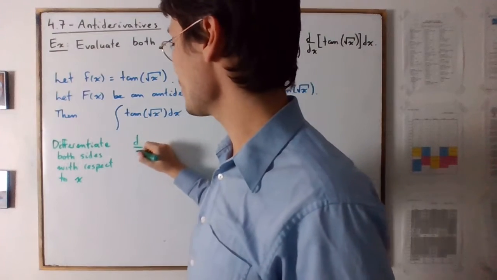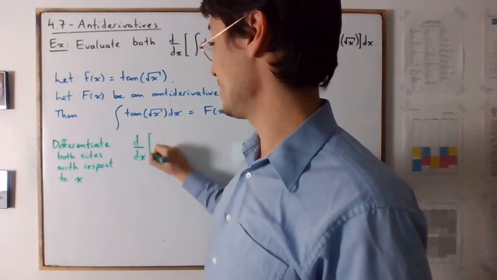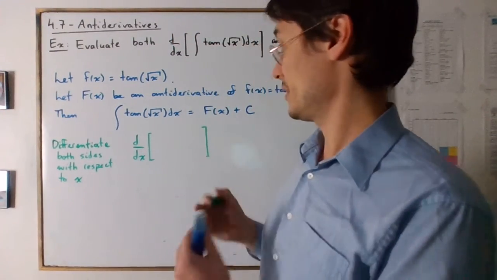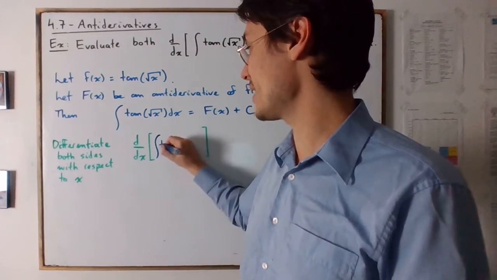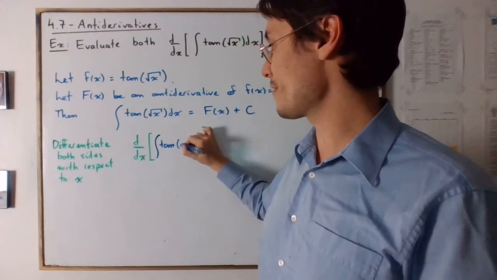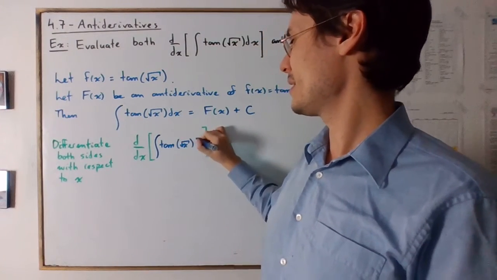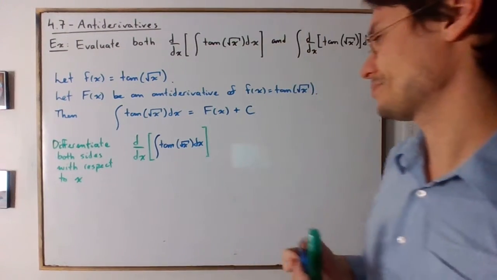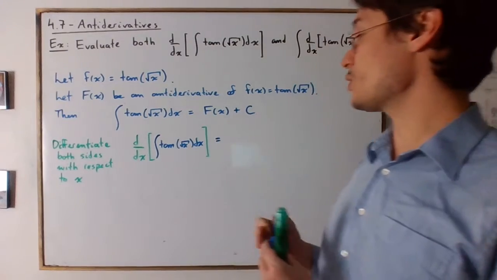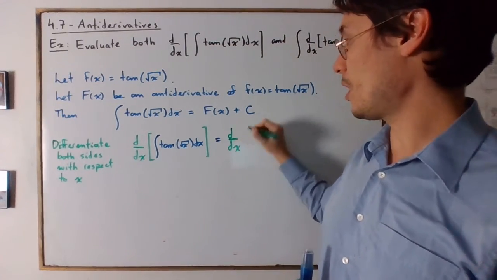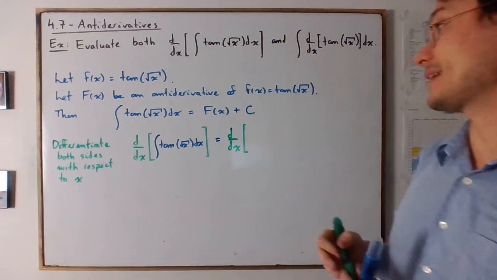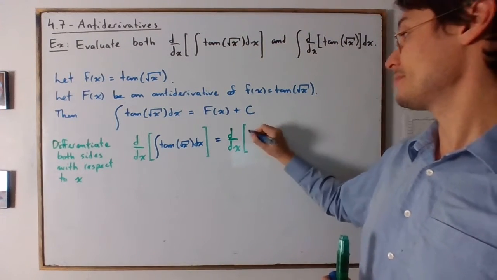Well, taking the derivative of this thing, let's put the blue in the green, right? The derivative of the integral of tangent of square root of x dx will be equal to the derivative of this side, capital F of x plus c.